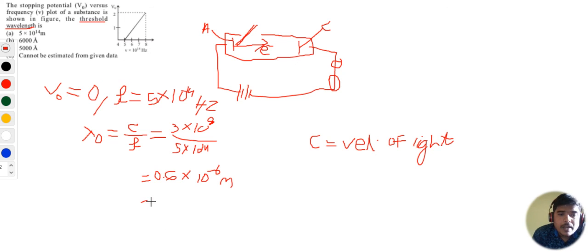So its value now becomes 6,000 Angstrom, which is option B.